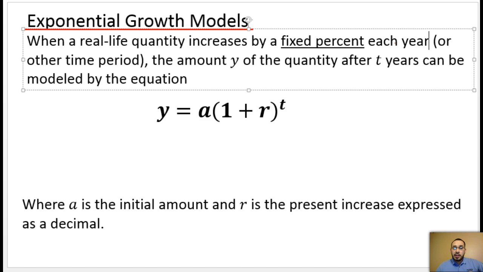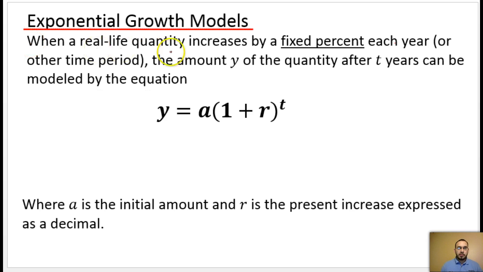So when a real life quantity increases by a fixed percent each year or other time period, the amount y of the quantity after t years can be modeled by this equation. There we go. So something to keep in mind is that a is the initial amount.